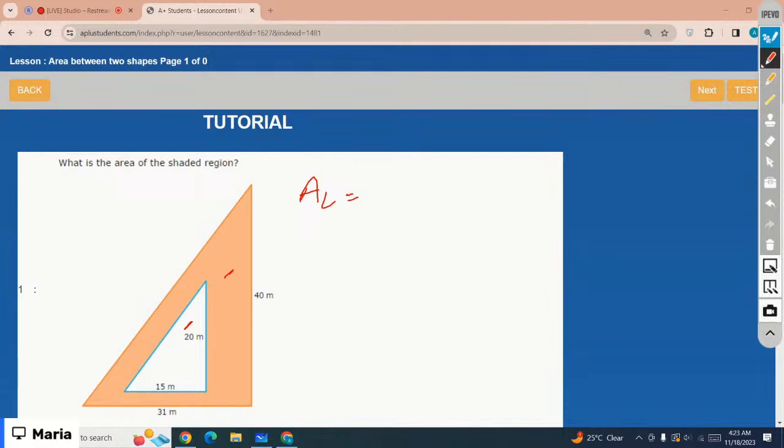The correct option is 620 square meters for the first one, our larger triangle. The area of the smaller triangle is 20 times 15 divided by 2, that is 150 square meters.